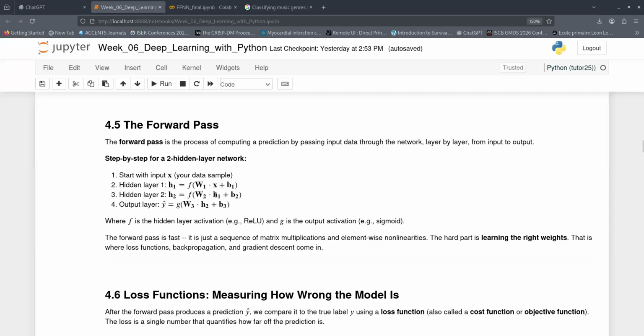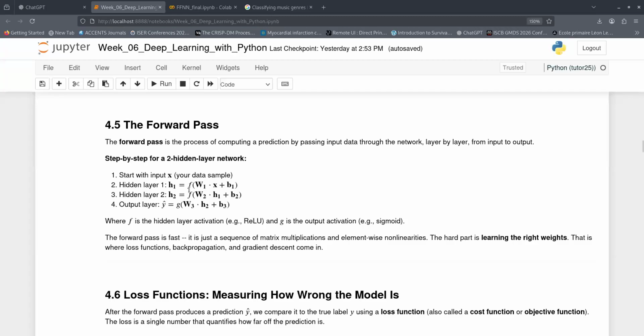Since they are connected, our output layer is written in terms of H2. So you have what we call the forward pass, because it's just going from X till the Y hat, okay?